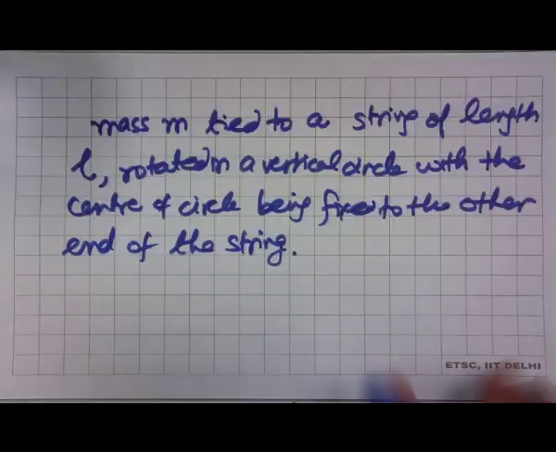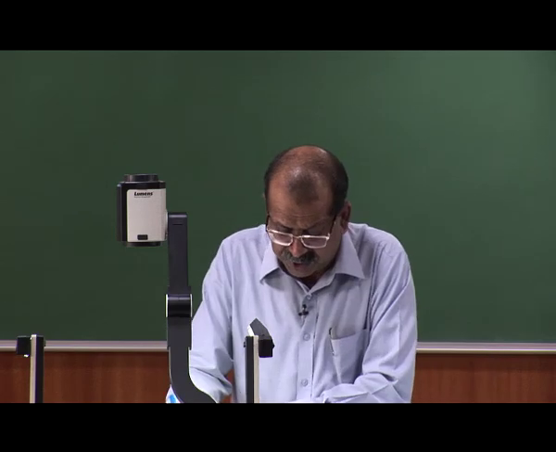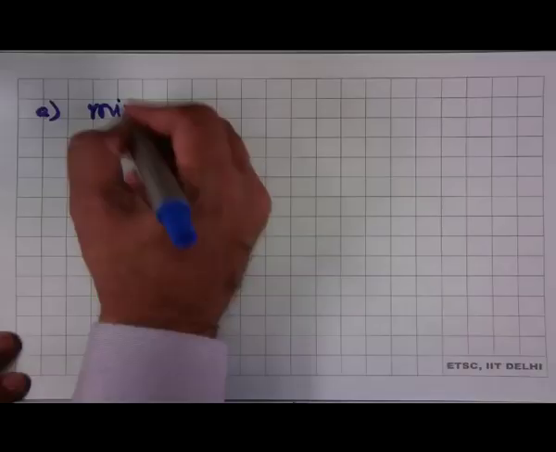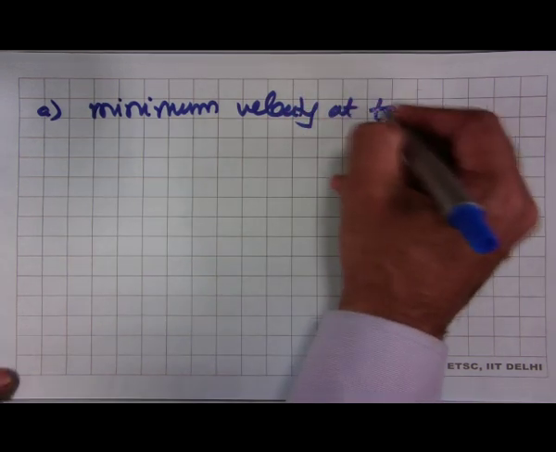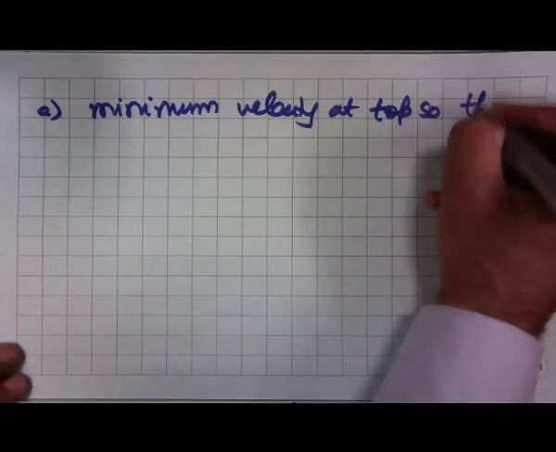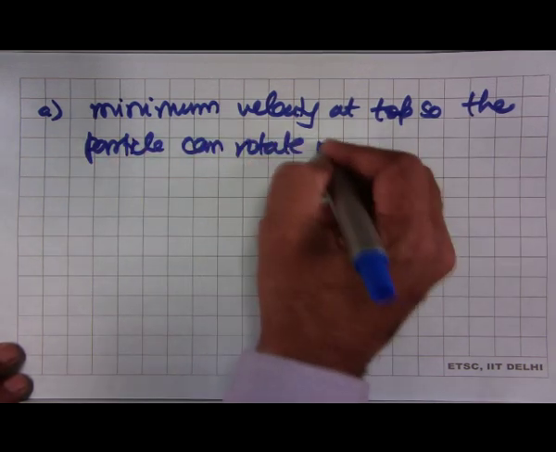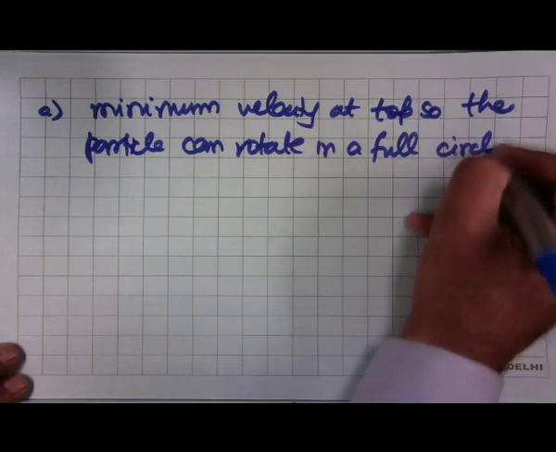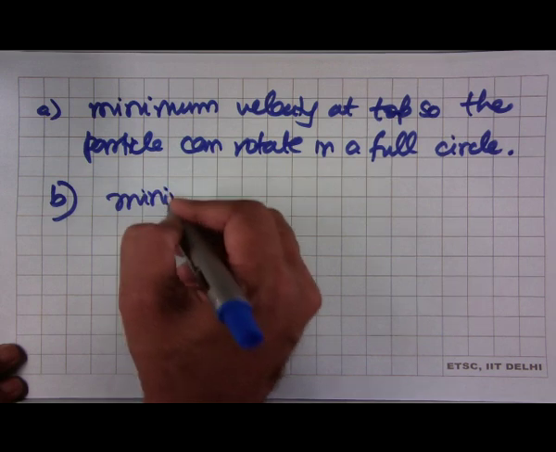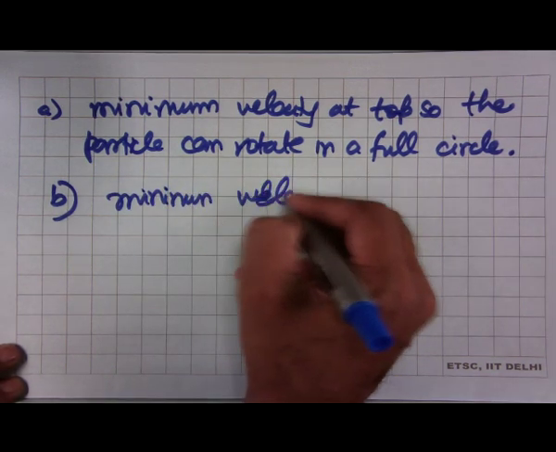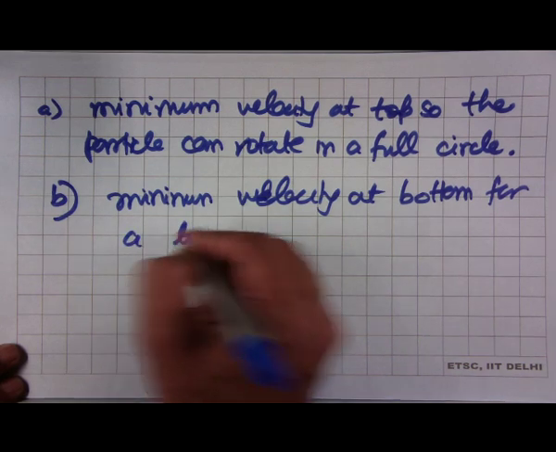So, once we understand this, what we want to find is two conditions. A: we want to find the minimum velocity at the top so that the particle can rotate in a full circle, and if that is so, then B: we want to find the minimum velocity at the bottom for A to happen.